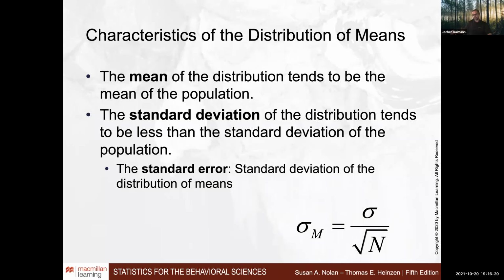And now I'm introducing to you what we will actually be working with for the rest of the semester. This connection between standard deviation and standard error of the mean is what is called the central limit theorem.